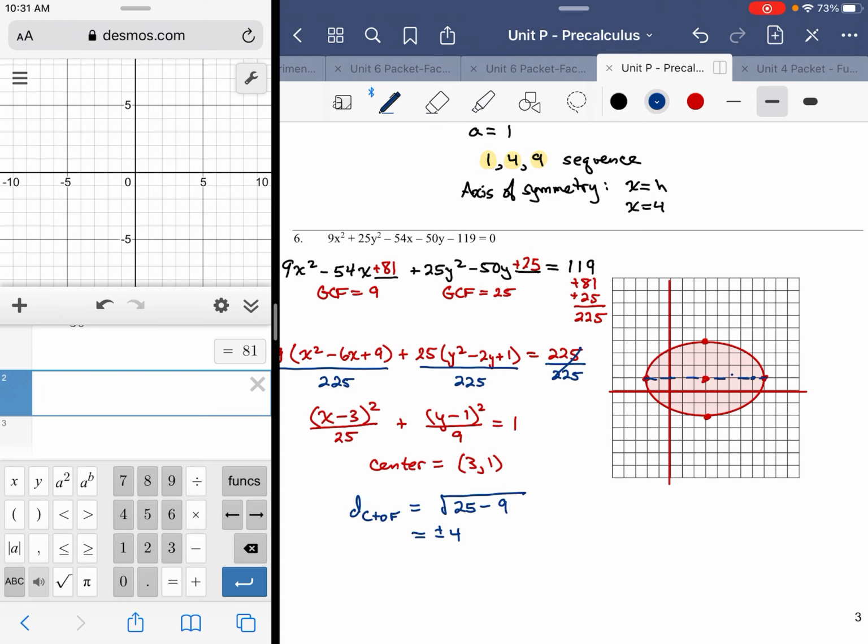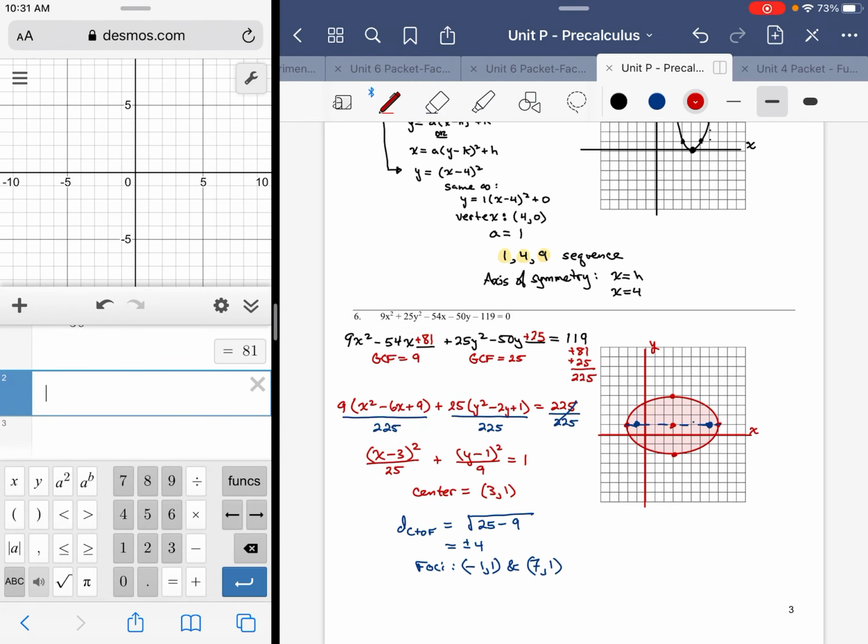So 1, 2, 3, 4. We've got one right here and one right here. So my foci would be at negative 1, 1, and 1, 2, 3, 4, 5, 6, 7, so 7, 1. All right, got a couple labels here. Clean that up a smidge. And there you go.